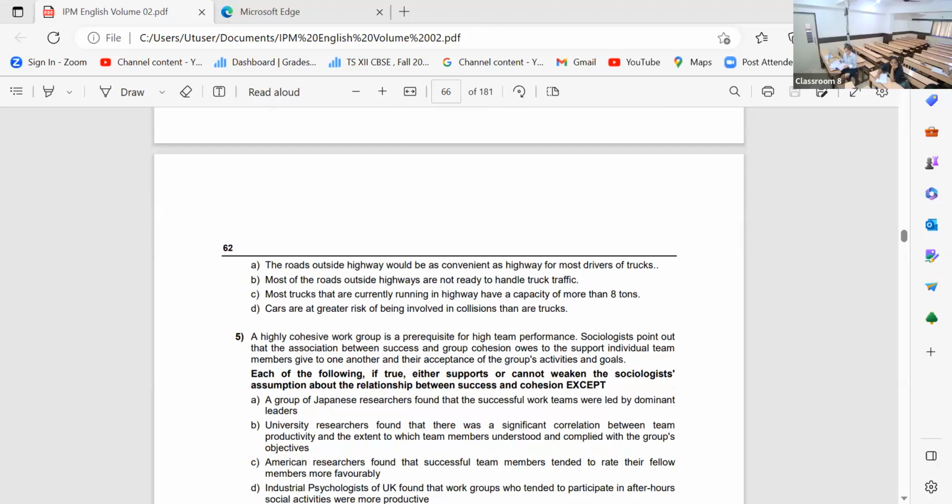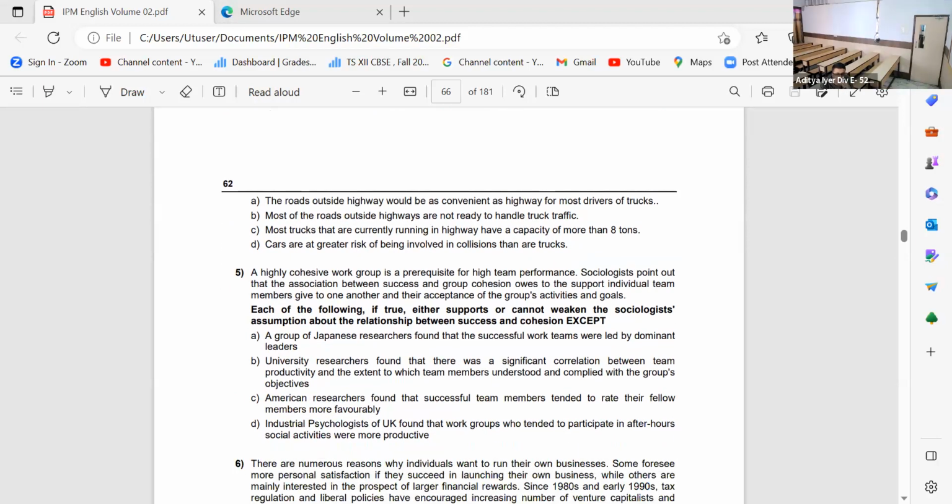A. Yes, because the other options C and D indicate they support the statement, and option B, I guess, is a general statement. Yes, option A. Okay. Rahul, what's the answer for question 6?